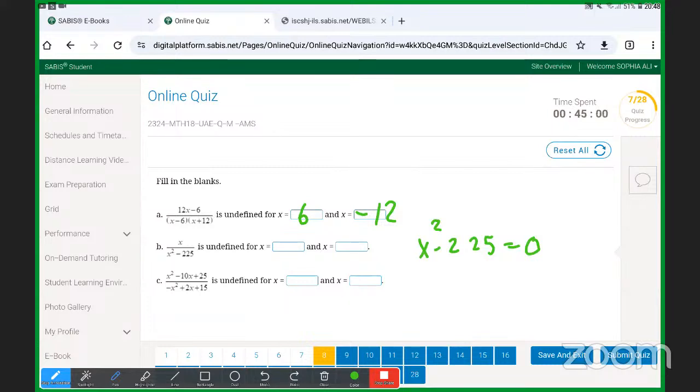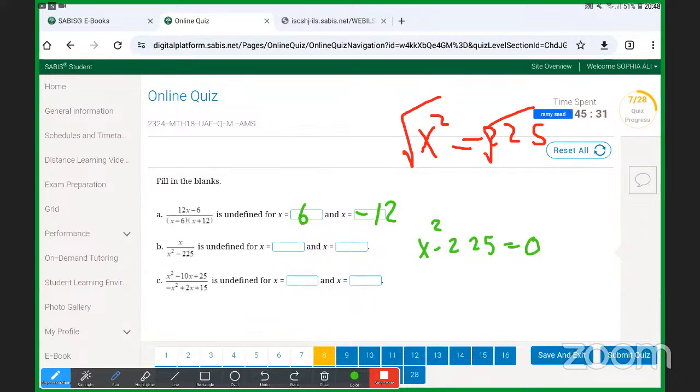So x squared will be 225. So x power 2 will be equal to 225. So x will be equal to what? You square root both sides.